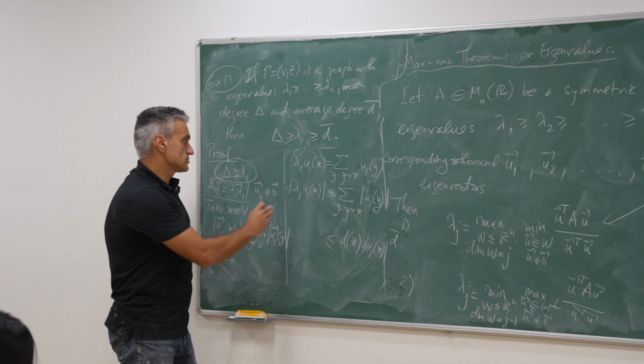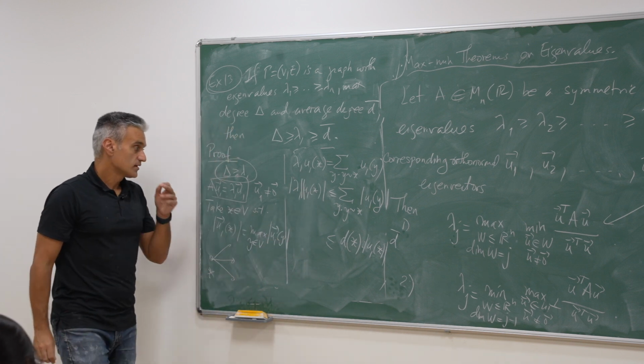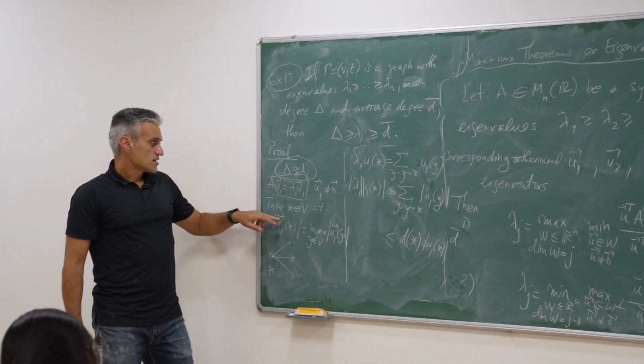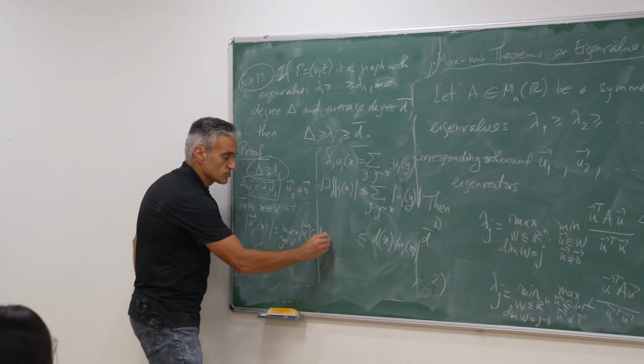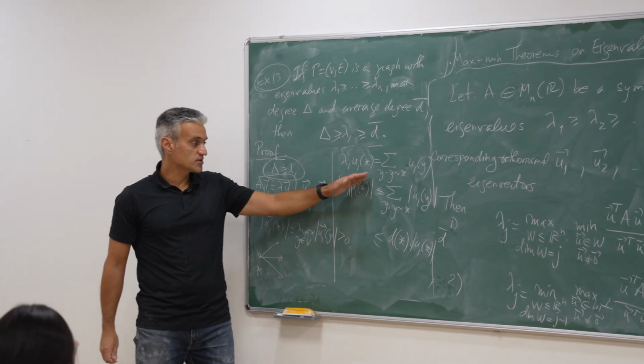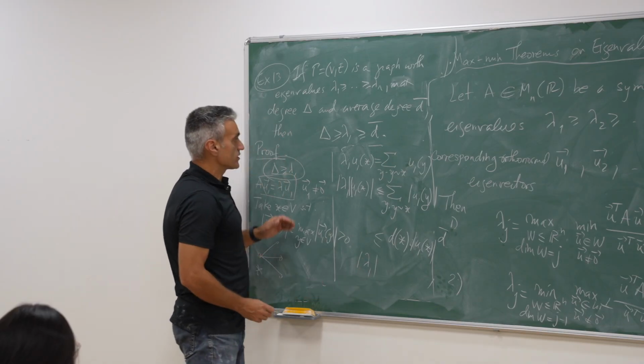You put this over here. And then you can take your absolute value here, and now u1 is not 0, u1 x is a maximum absolute value, so this is guaranteed to be positive, and now you divide, and you get something stronger than what I told you.